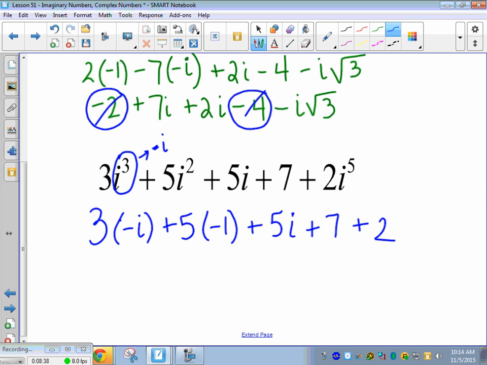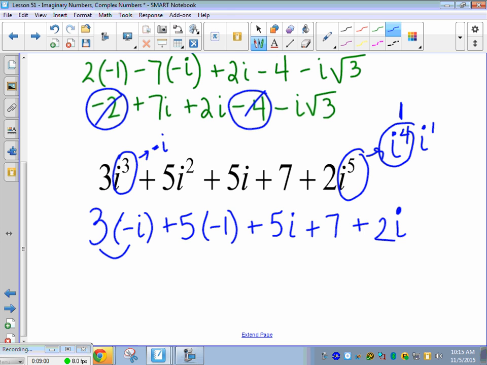Okay, we have 2i to the 5th. So a couple ways to separate this is by 4s or 2s. i squared is negative 1, i to the 4th is positive 1. So if you go by 4s, this is the same as i to the 4th times i to the 1st, and i to the 4th is the same thing as positive 1. So this whole thing simplifies to just i.